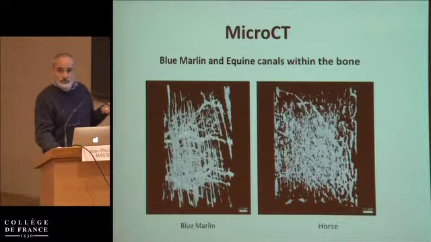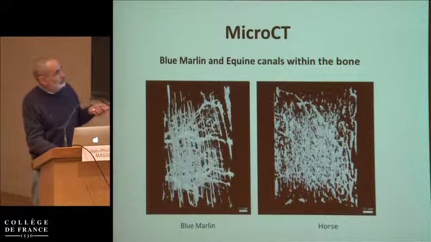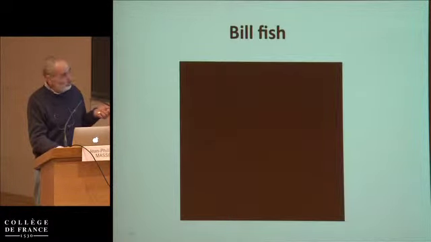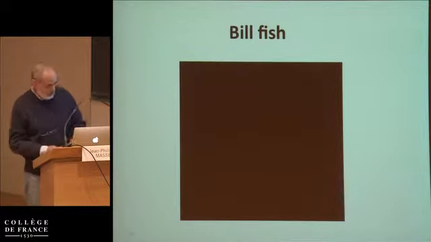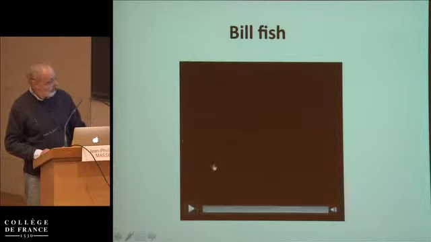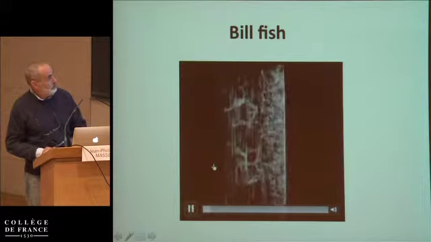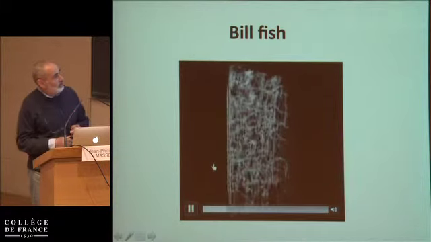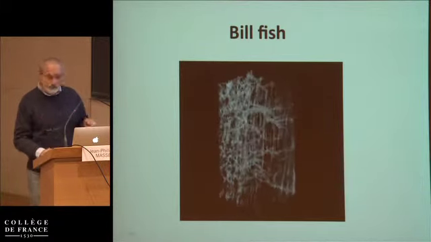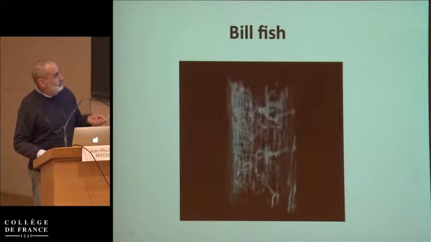And this is when we took the same cube to a micro CT, and I'm just putting a horse near a blue marlin, and even better yet, if this will work. So this is in the billfish when it's segmented so that you can see the canals.